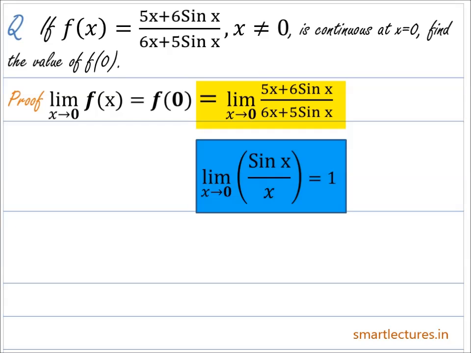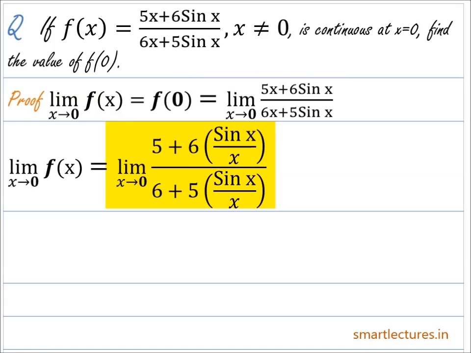So first we shall have to convert the given expression into some sin x upon x form, and for that we shall divide both numerator and denominator by x. Then this limit can also be written as limit x approaches 0, (5 plus 6 into sin x upon x) divided by (6 plus 5 into sin x upon x).